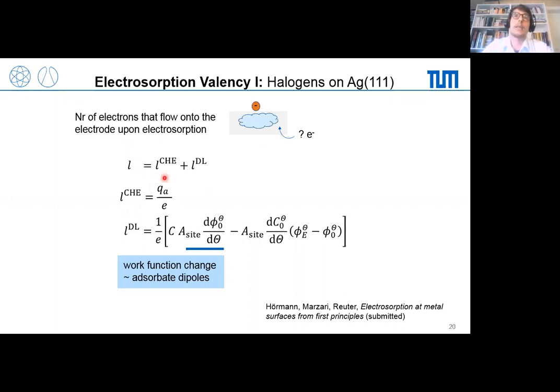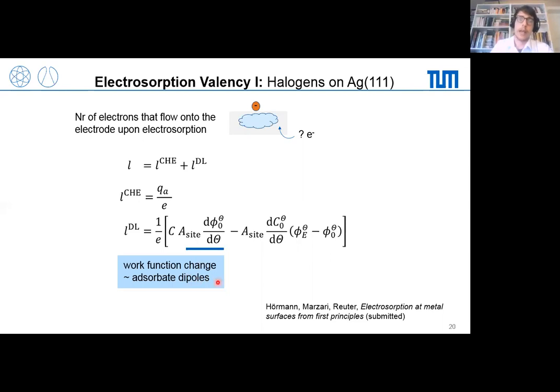And it turns out that you can separate it into two contributions. First you have the CHE value, and the second contribution is a double layer related value. This double layer related value is again proportional to the work function change per adsorbate, so again related to adsorbate dipoles.